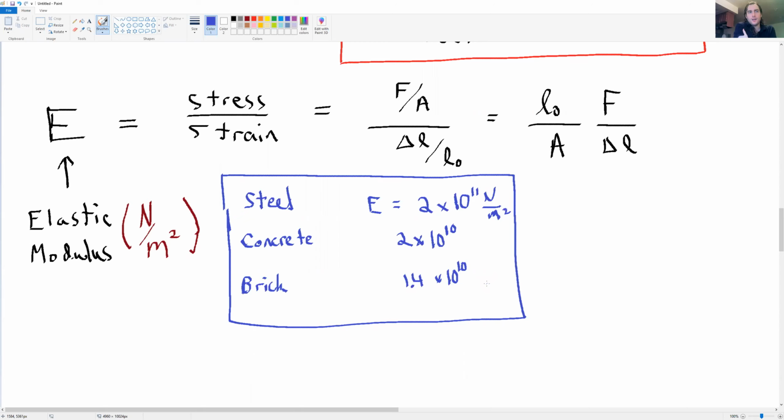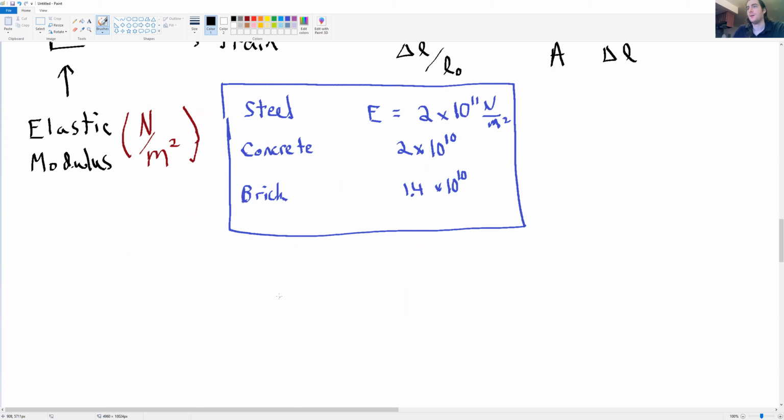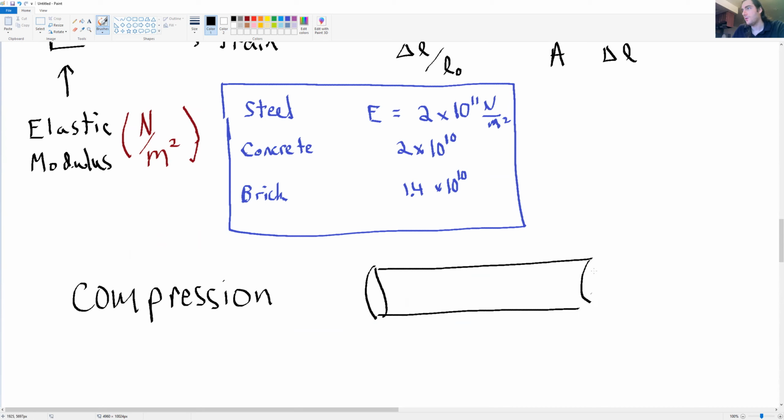Now, one interesting thing, and maybe you might have even thought of this before I say it, is that some materials will actually respond differently whether you're compressing them or stretching them. So just quickly, let me write that out. So when something is in compression, compression is when you apply forces like this.